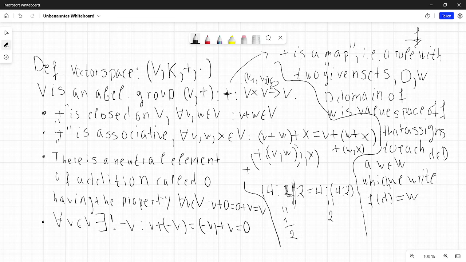All right. And of course, we will adopt notation like v plus minus w, just like with real numbers. We'll adopt notation that defines it, well, the other way around actually.